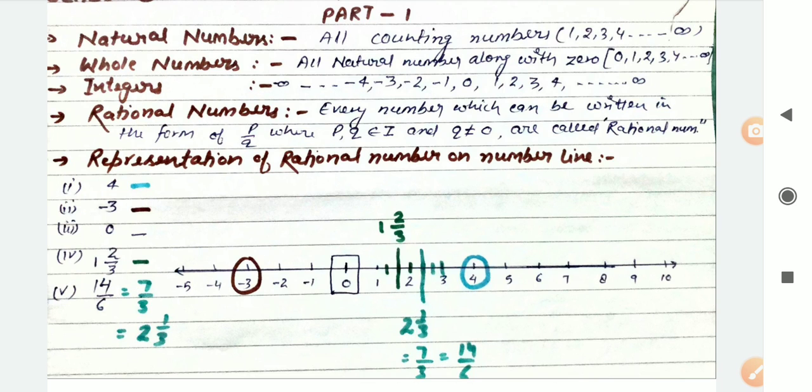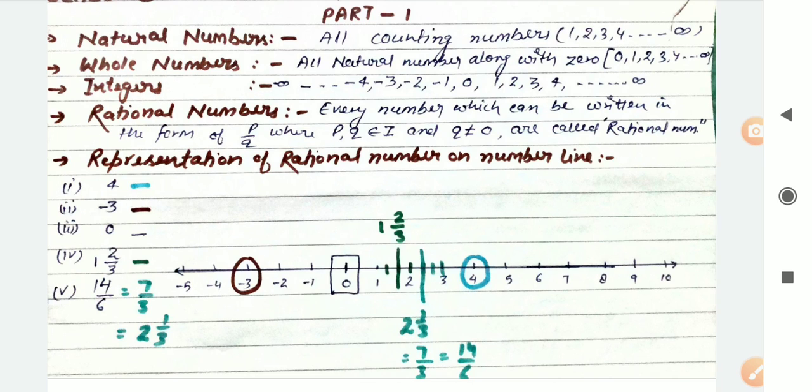Whatever we want to count, we always start from 1 and it goes to infinity. So natural numbers are those numbers starting from 1 and going to infinity. These are also called counting numbers.